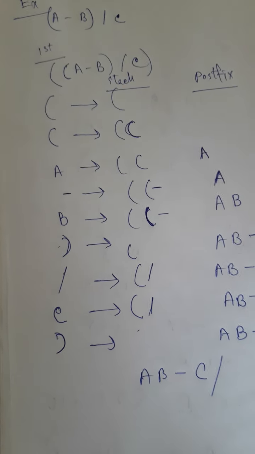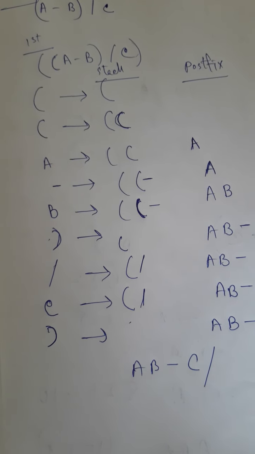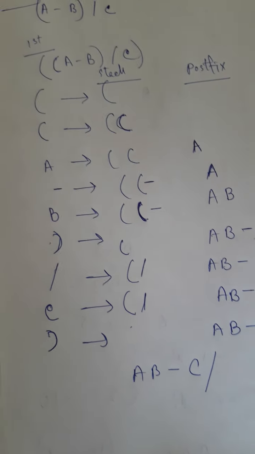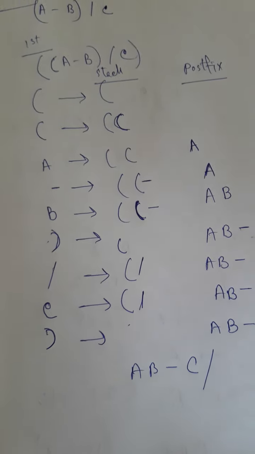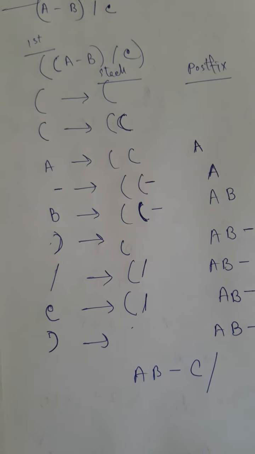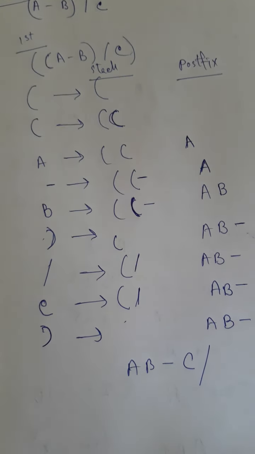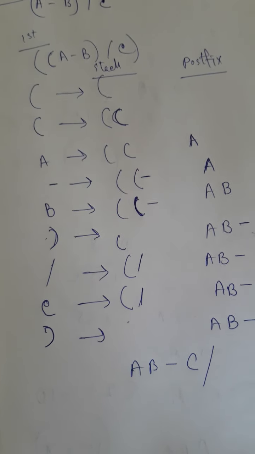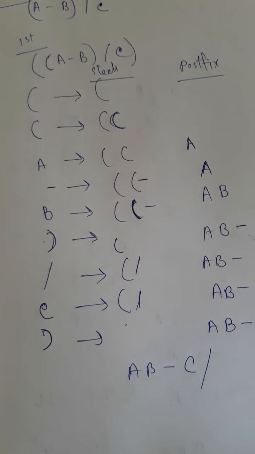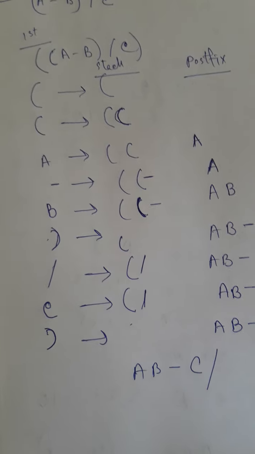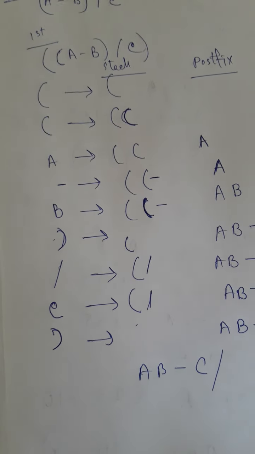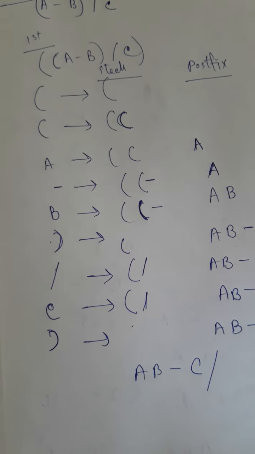If it is an operand, just add it into the postfix expression. If it is an operator, then check whether the operator already present inside the stack is higher than the coming operator or not. At the same time you have to check for higher or equal.